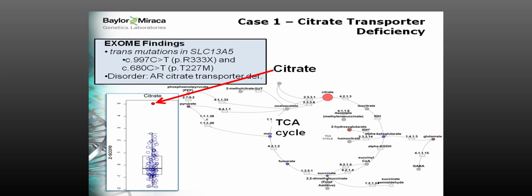So you can see in the box at the upper left, whole exome sequencing was done first. There was a stop mutation that, according to ACMG guidelines, would be categorized as pathogenic.